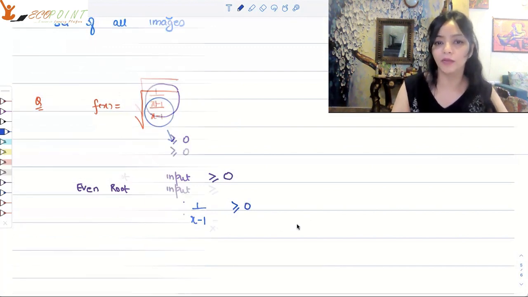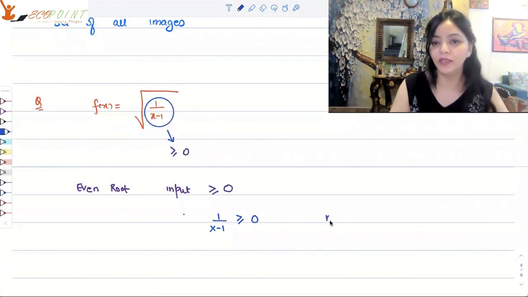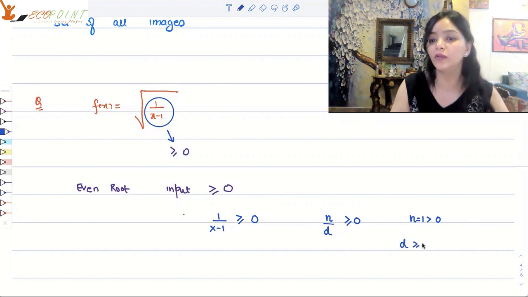When is this possible? Now, this is a numerator upon denominator form, and we want numerator upon denominator to be greater than or equal to 0. Your numerator is 1, which definitely is strictly greater than 0. So the only case possible is that my denominator should also be greater than or equal to 0.